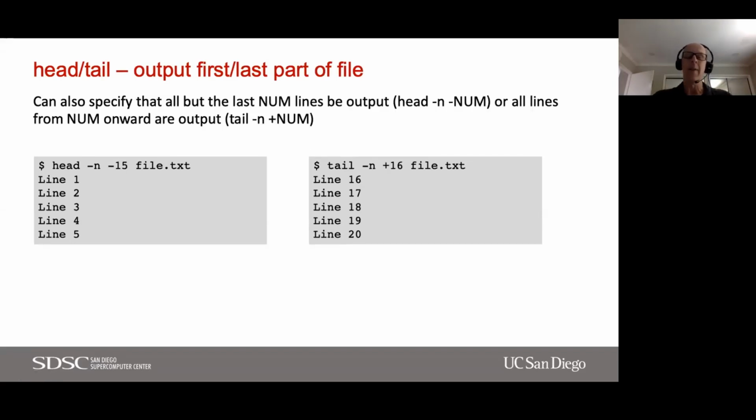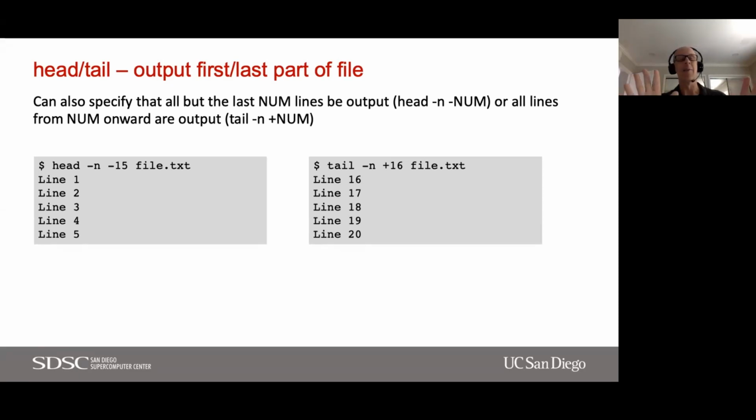And I didn't know this until I started putting together this presentation. But we can also tune this a little bit more so that we list all but the last num lines to be output, or the first, or from a given position onward.